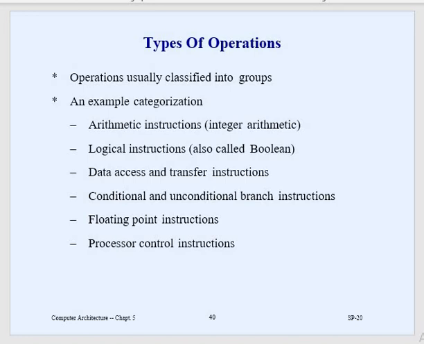Operations are usually classified into groups, and an example categorization is: arithmetic instructions, which relate to integer arithmetic; logical instructions, also called boolean instructions; data access and transfer instructions; conditional and unconditional branch instructions; floating point instructions, which relate to floating point values; and the processor control instructions.